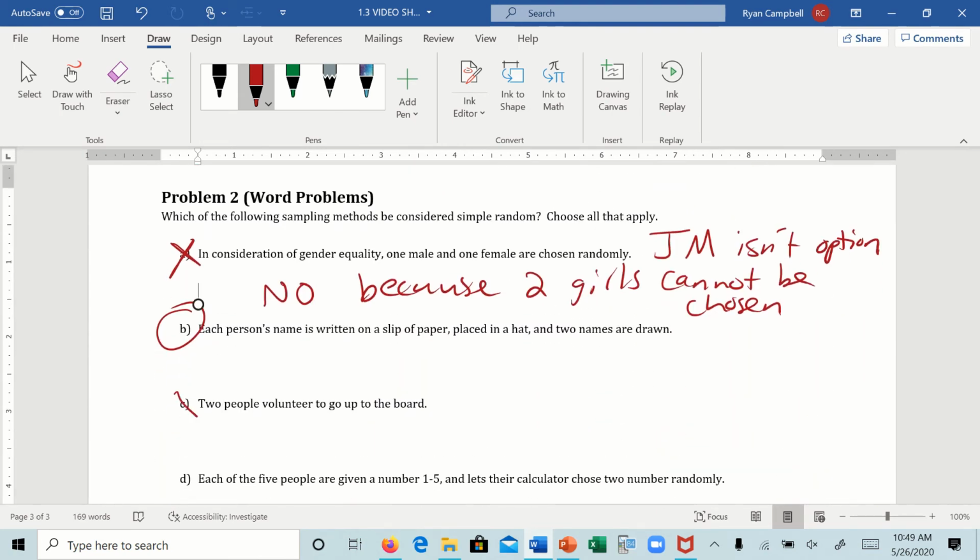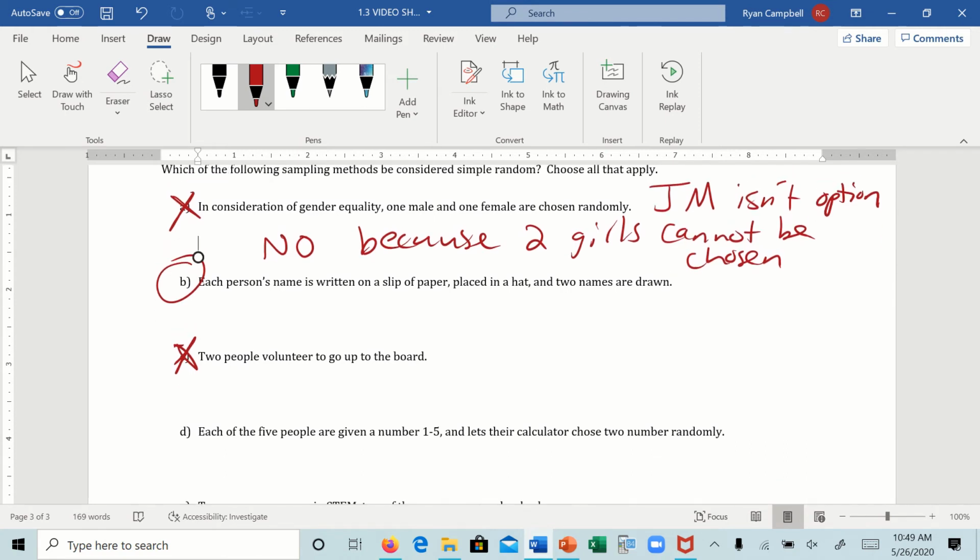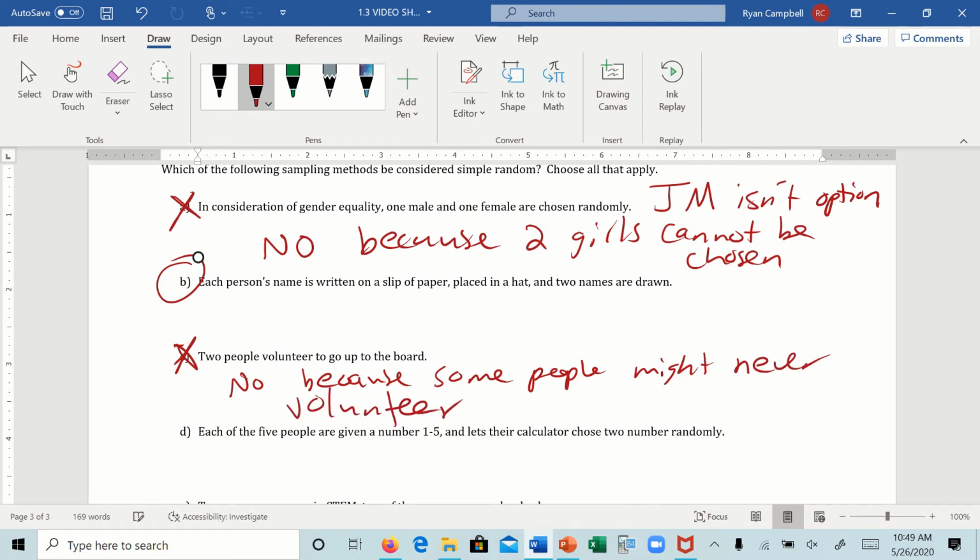So, volunteering is not a simple random method, right? We could say, because some people might never volunteer, unlike other more willing people.